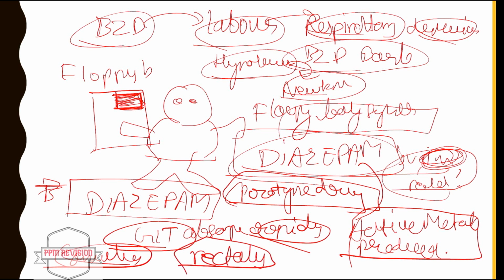So it is absorbed rapidly in the GIT, it produces active metabolites, and it can be given rectally in case of controlling convulsions.